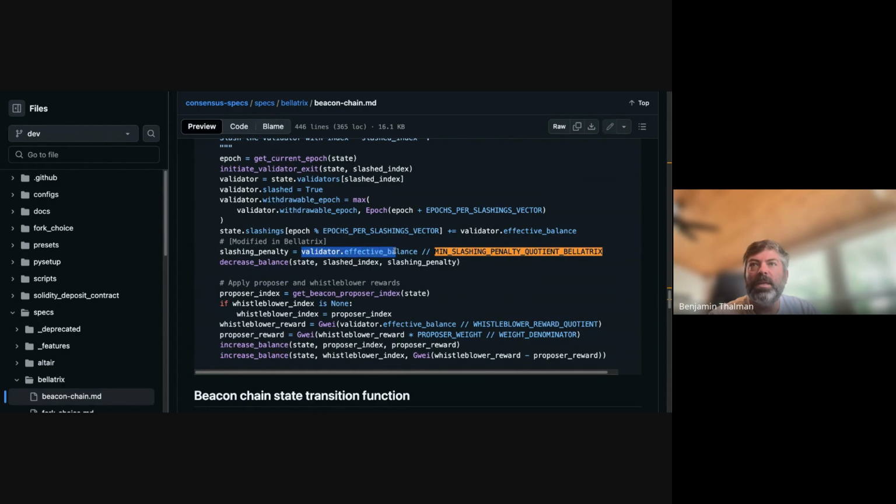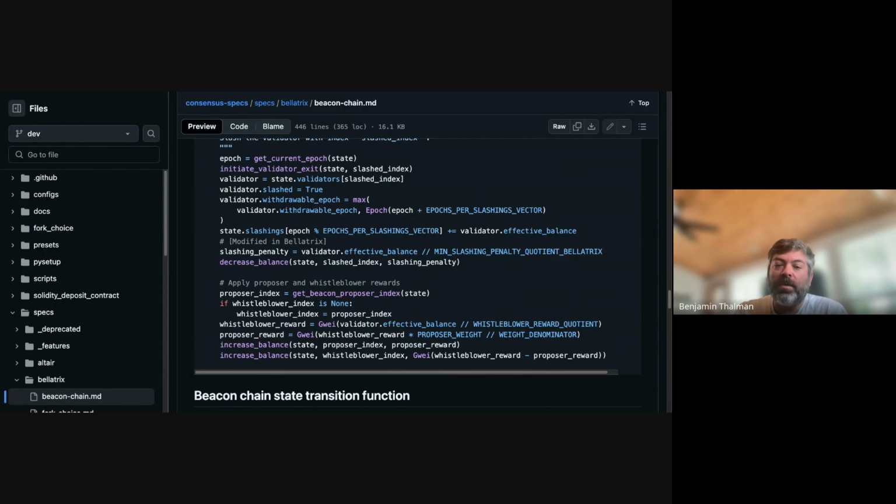So this penalty, 32 billion divided by 32 gives you a billion. A billion Gwei is 1 ETH. So if a validator has an effective balance of 32 ETH, it will have 1 ETH taken from it.